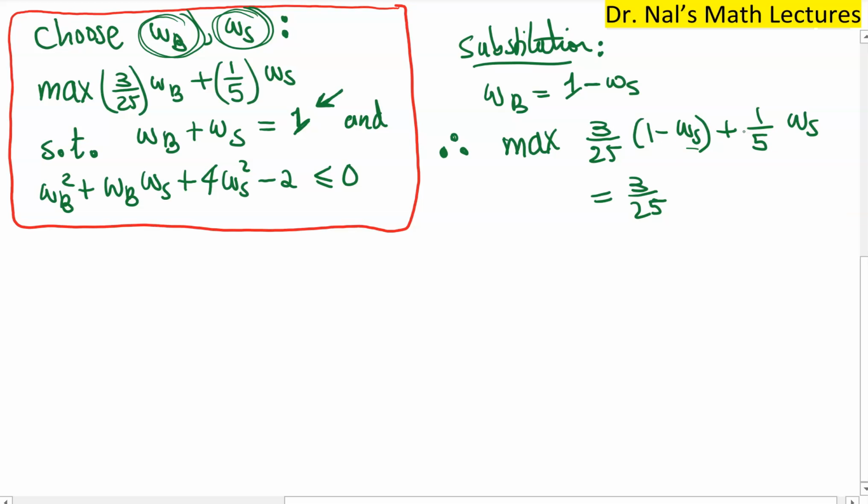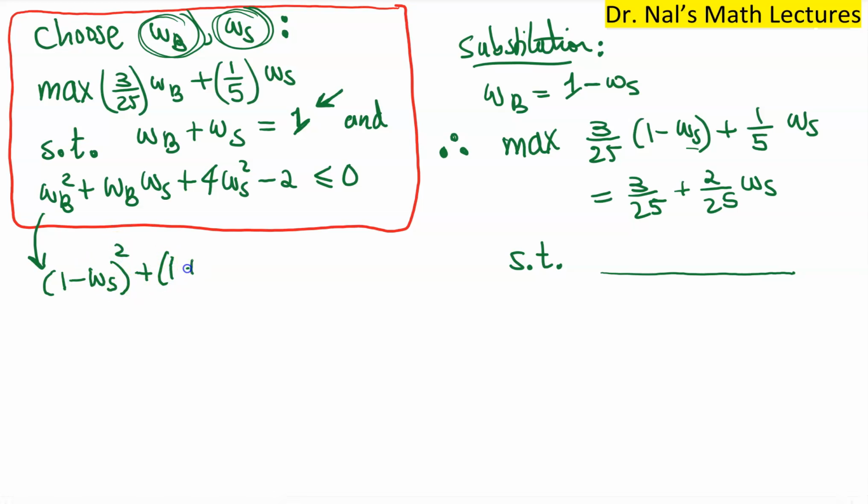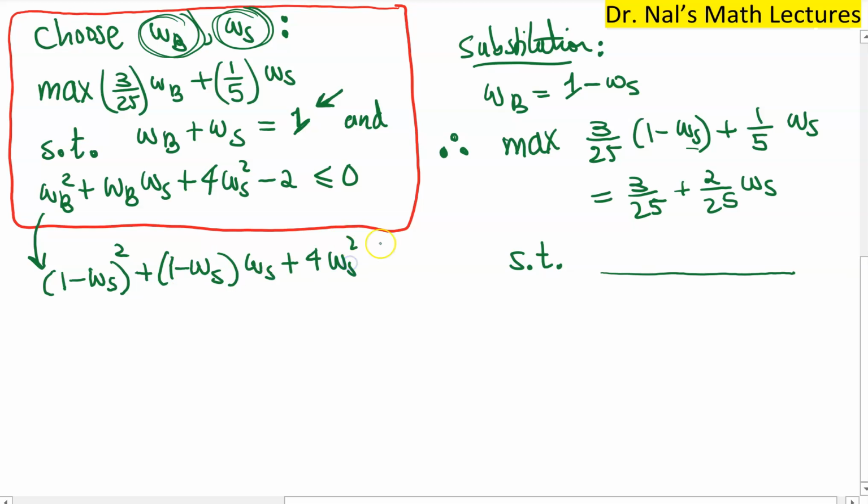Minus 3 over 25 gives 2 over 25 WS, subject to the new condition. For that, WB will be replaced with 1 minus WS squared plus 1 minus WS times WS plus 4 times WS squared minus 2 is less than or equal to 0.